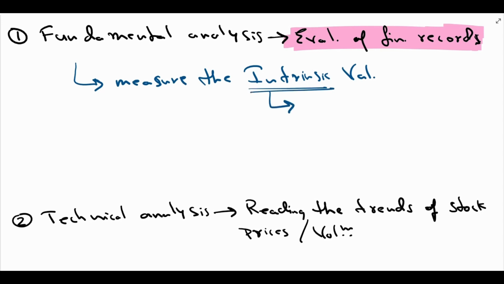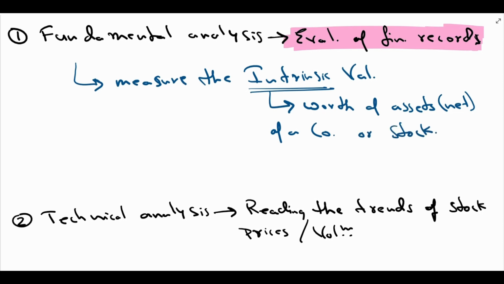Intrinsic value is basically the worth of the assets or the stock. Worth of assets, it should be net assets for a company, or stock price. Okay. Now, how to get to this?